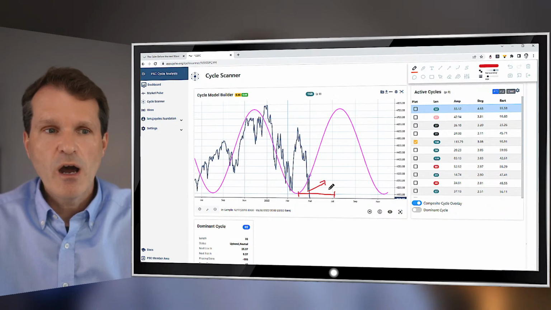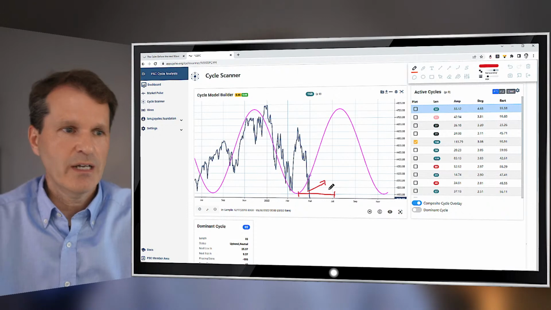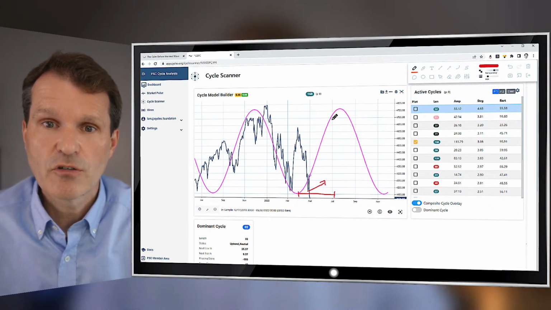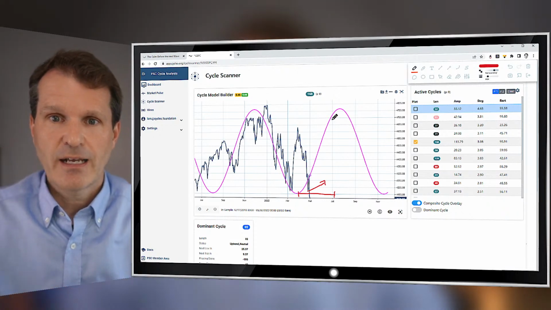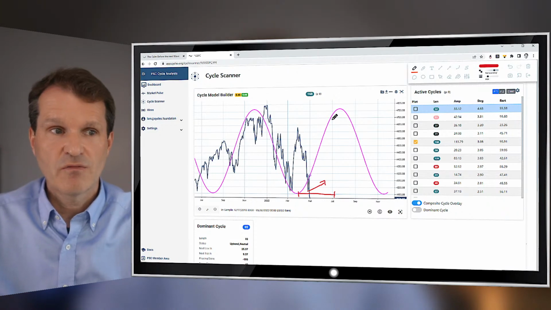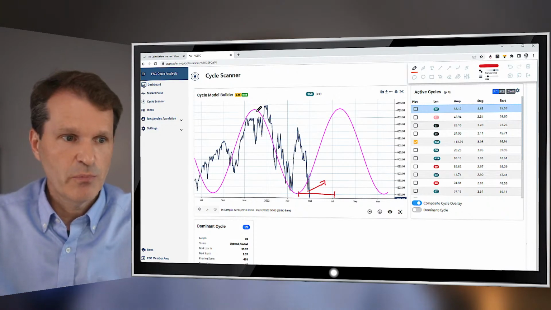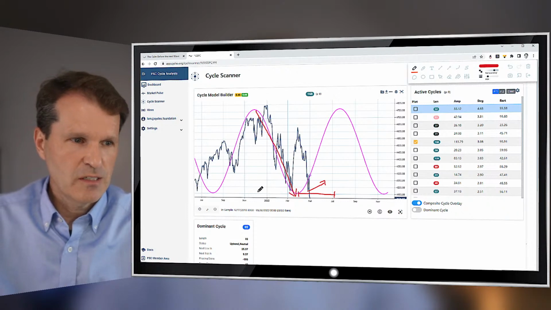But we know that this is against a very strong downtrend weekly cycle. We know that this downtrend is very strong because this has been proven from January to March, and this is the left side of this cycle.